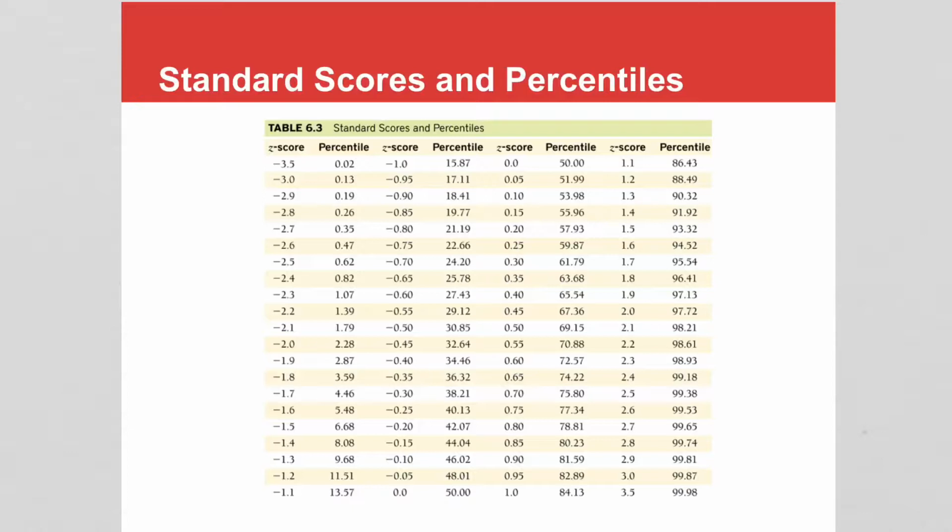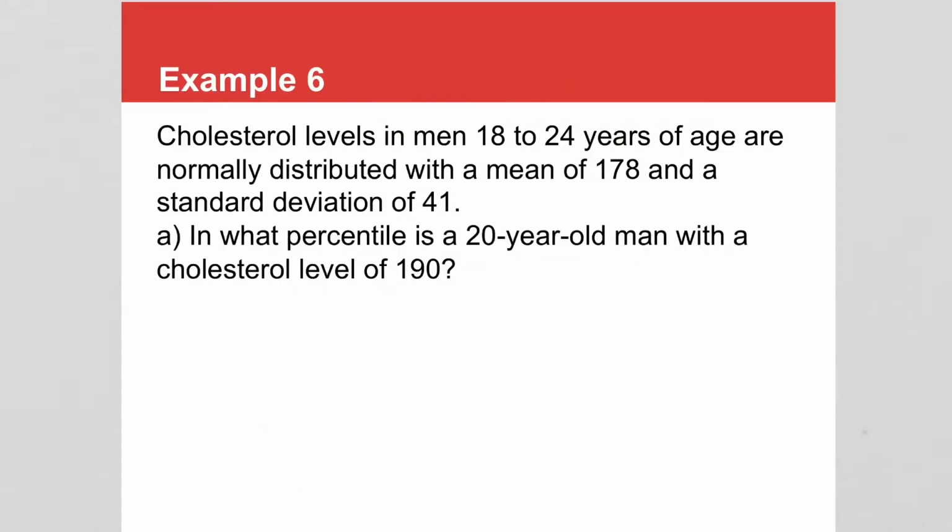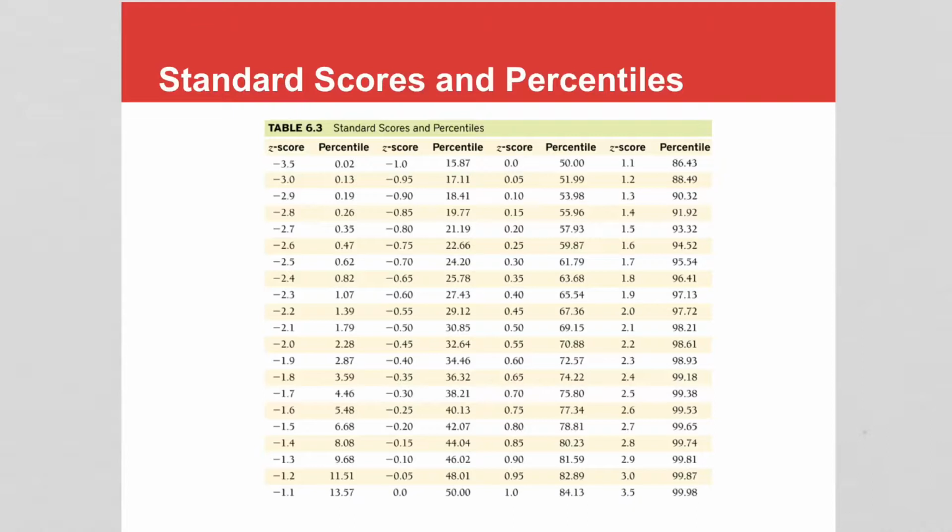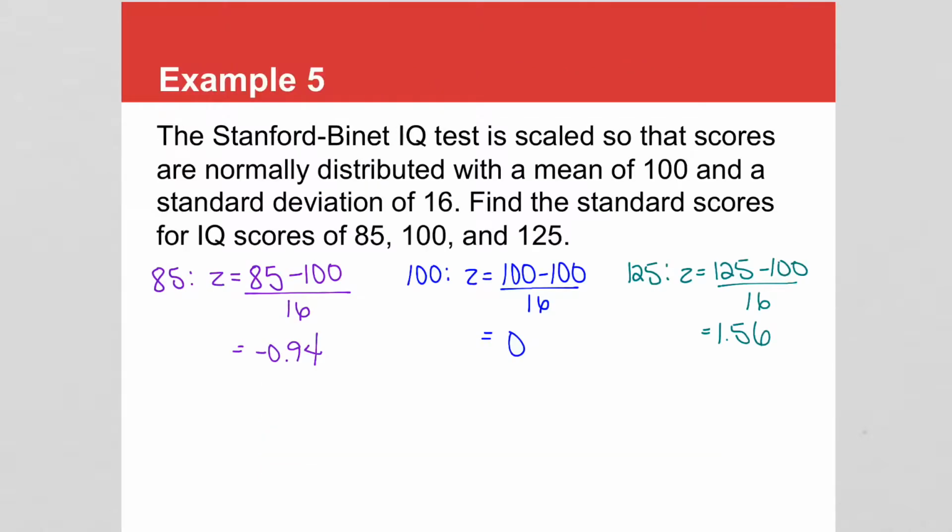If you've got your z-score, then you can use this table to help you find the percentile. So looking back at example 5, the z-score was negative 0.94. And so that's approximately, there's negative 0.95, so pretty close. So the percentile would be 17.11%.